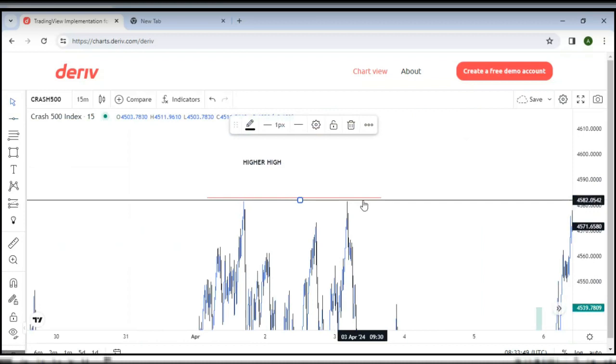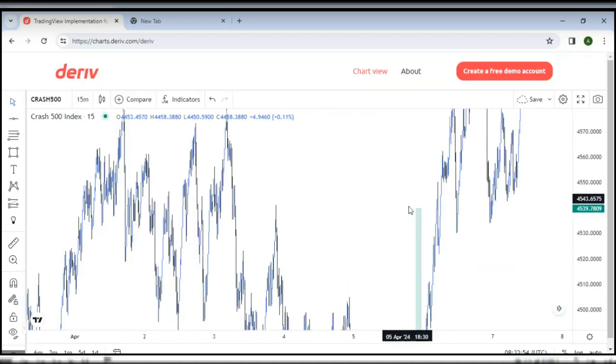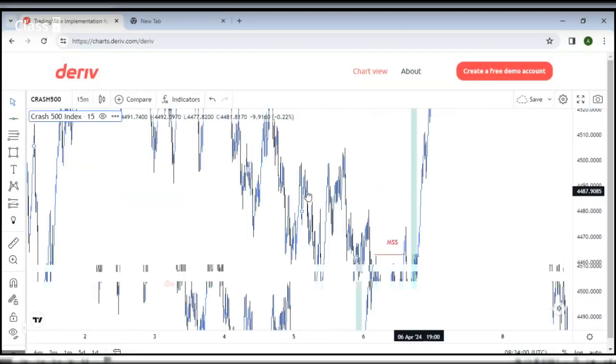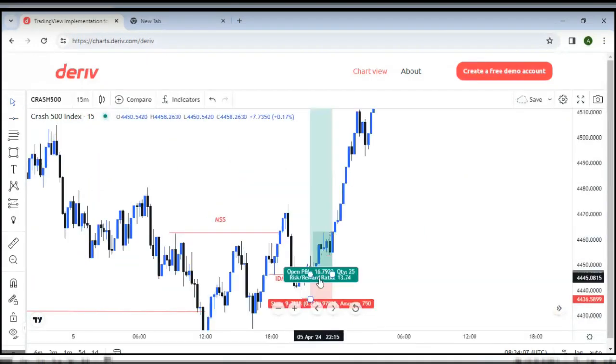That's where my target is. So I have this. You see the risk to reward ratio when you get down. So what's the risk to reward ratio here? We have about 1 to 13, which is okay.